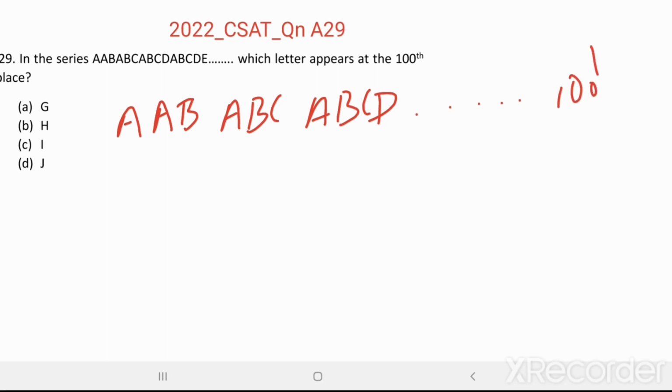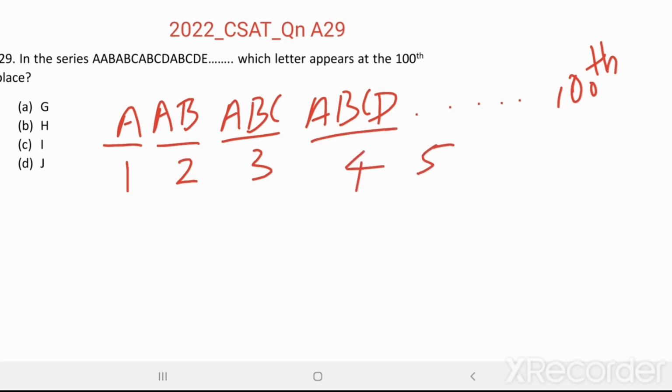It is progressing like this. Which is the letter in the 100th place? We need to find which letter is in the 100th place.